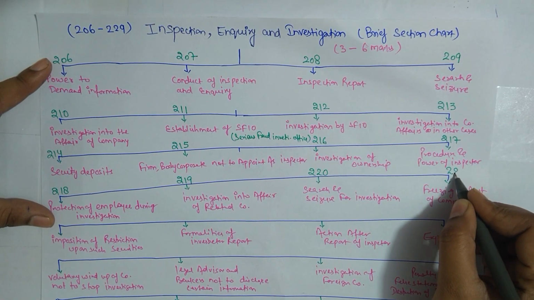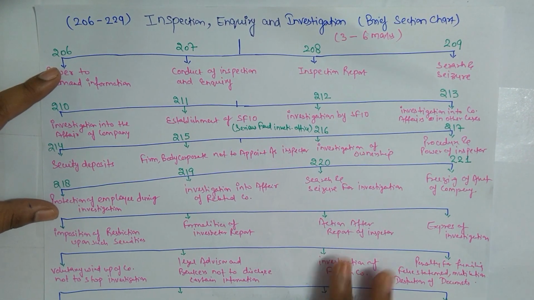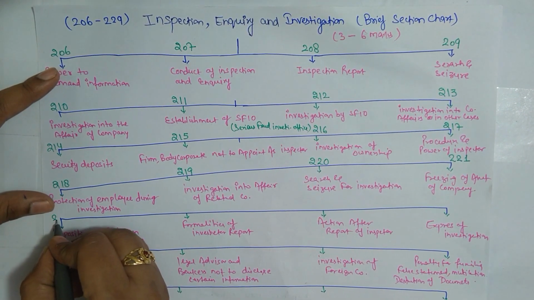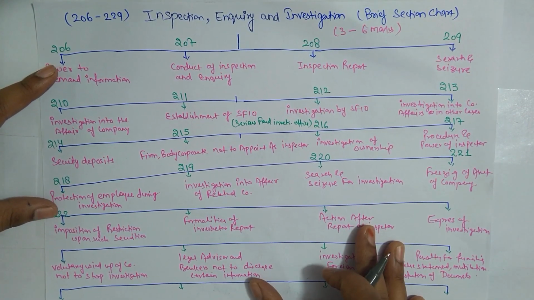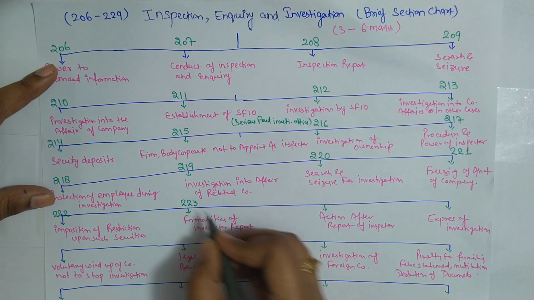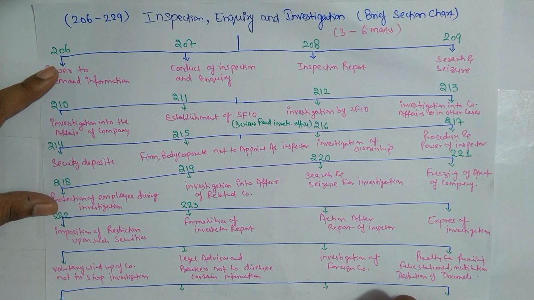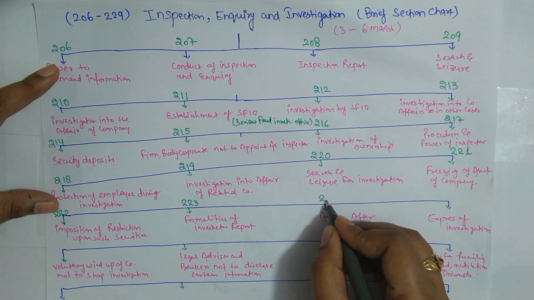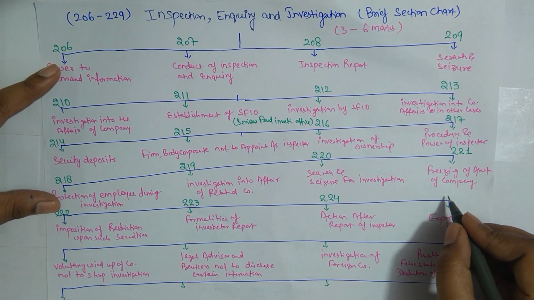Section 221, freezing of assets of the company. Section 222, imposition of restrictions upon such securities. 223, formalities of inspector's report. 224, action after report of inspector.